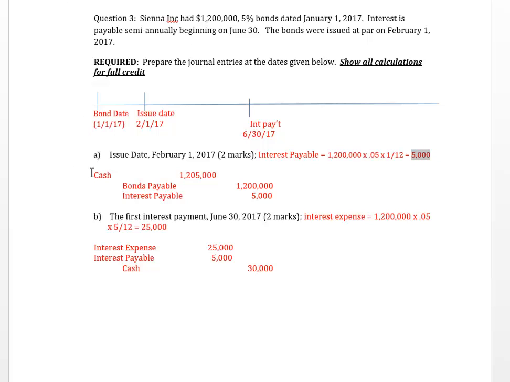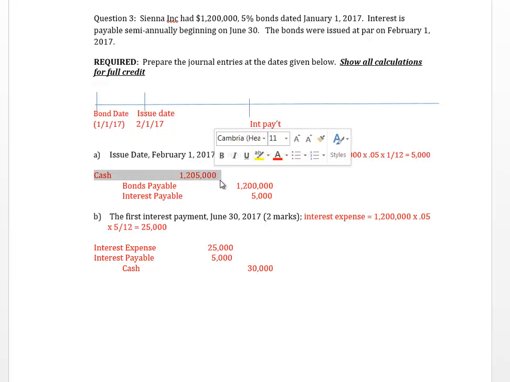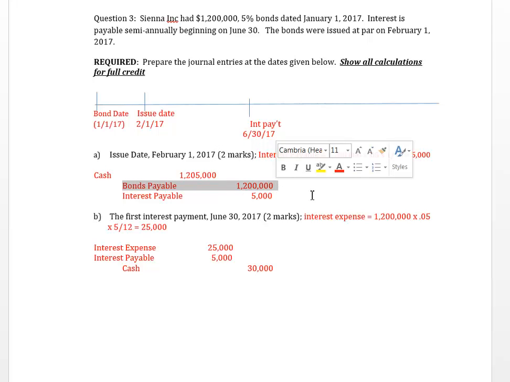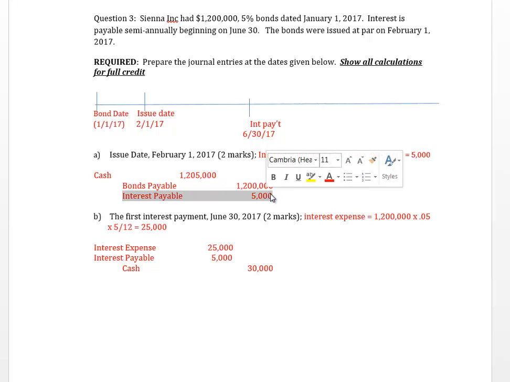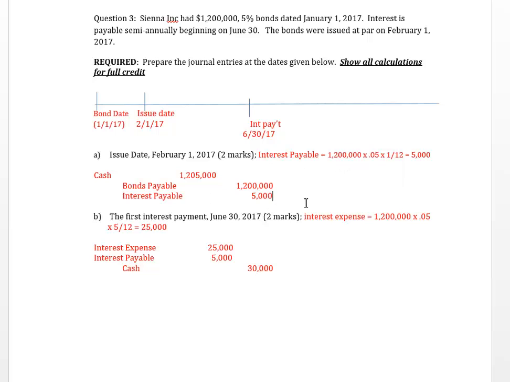So therefore, our debit to cash is going to be more than the face value. It's going to be $1,205,000. We're going to credit the bond payable at its face value of 1.2 million, but don't forget, this is the entry that Sienna makes on its books, and it's going to also include in that entry to balance it a credit to interest payable. Why?